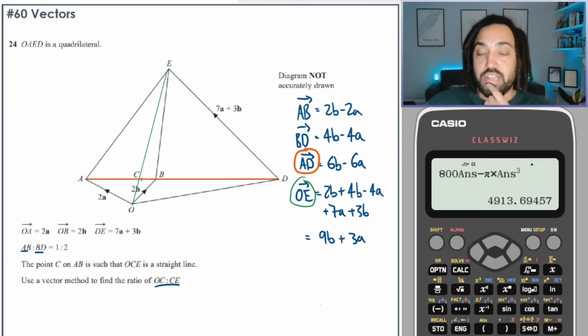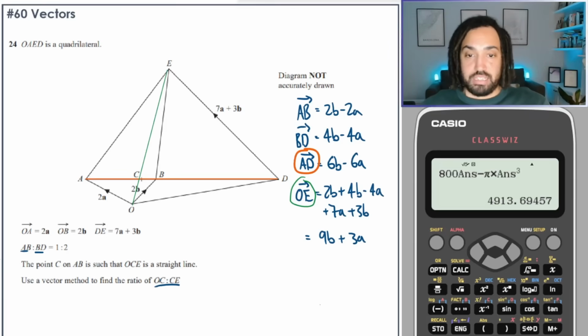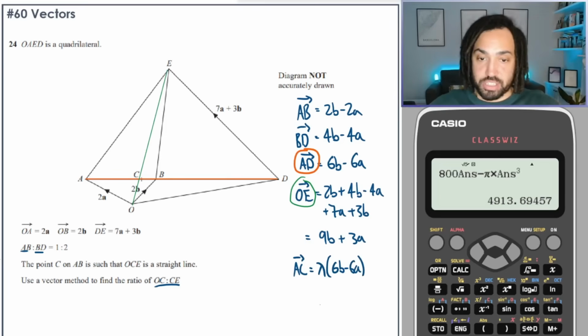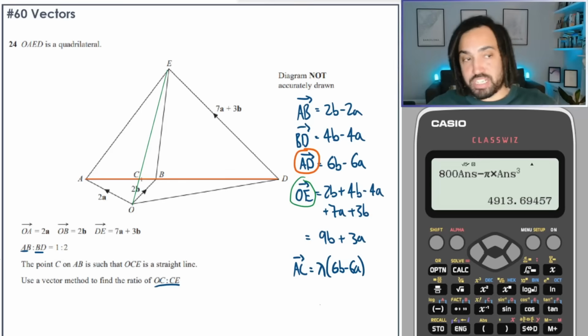So what I can do now is I can say that AC on the orange line is some fraction of AD. I don't know how much that fraction is, but it is on the same line AC as AD, so it must be some fraction of the way along.